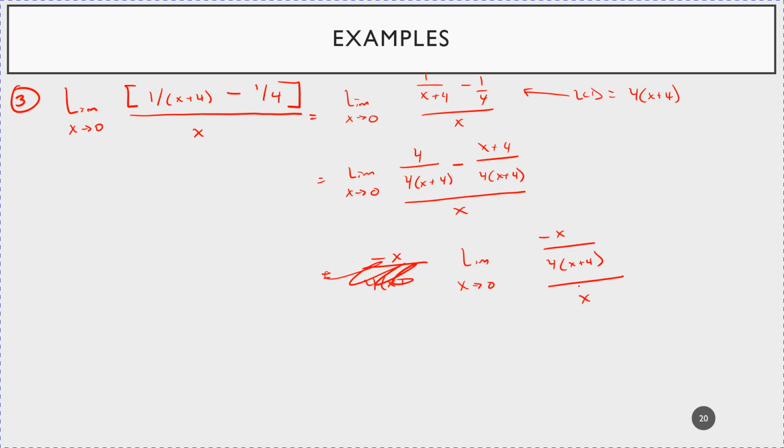So if you do keep, change, flip, this becomes the limit as x goes to 0 of minus x over 4 times x plus 4, times, flip this, 1 over x. The x's cancel, and you become the limit as x goes to 0 of minus 1 over 4 times x plus 4, which you can literally just plug into now, right? So 0 plus 4 is 4, 4 times 4 is 16, so this becomes minus 1/16.